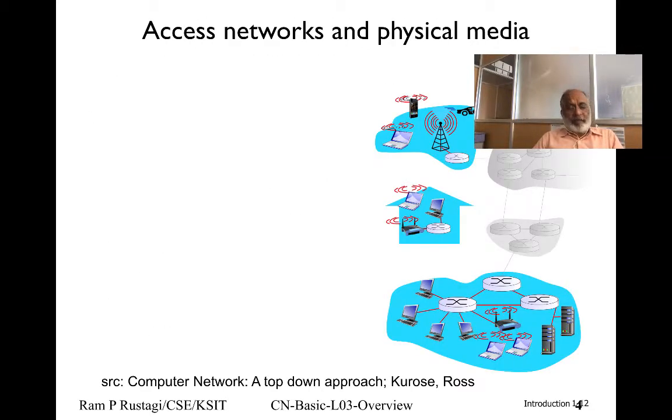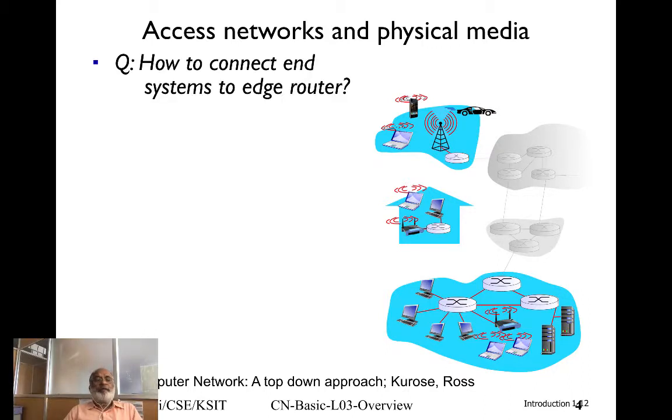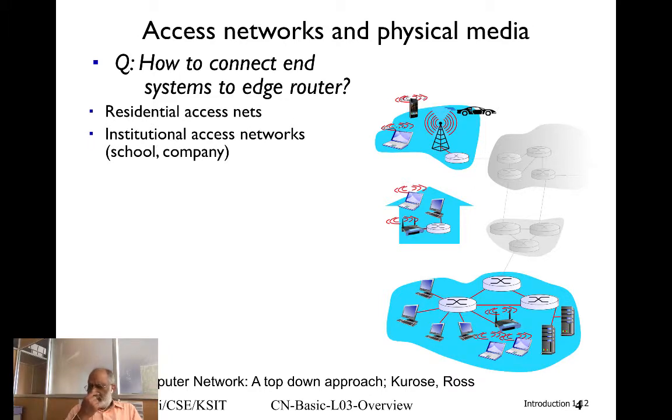Now, how are these things connected? Let's look at our edge systems, that's either office or home. So first look at our residential network. If you are in a home residence, you're typically using a DSL network, or if you are using carriers like Idea, Vodafone, or Airtel, you're probably using a 3G network, which is wireless connectivity.